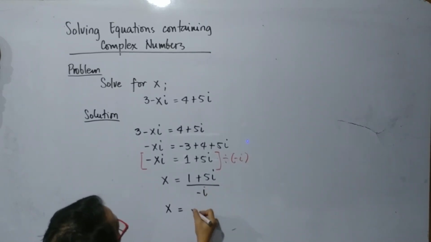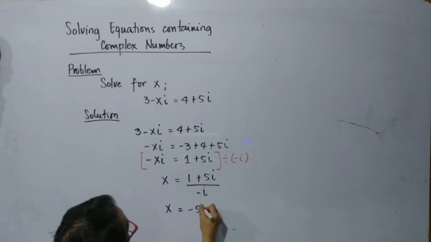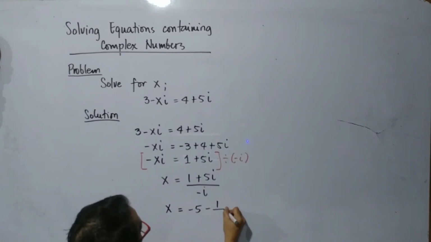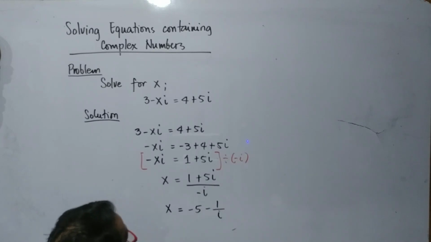This is negative 5. So we have now negative 5 minus 1 over i.